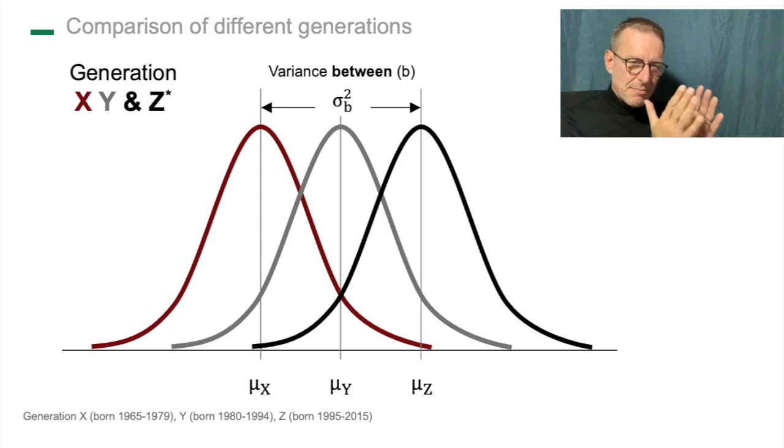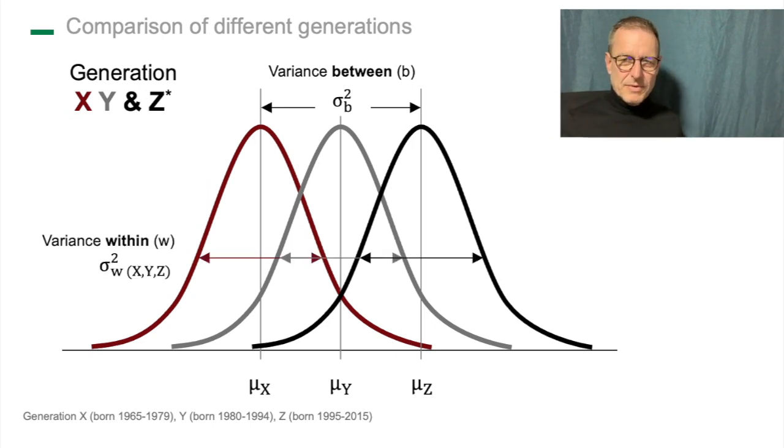When you just look at the mean, then yes, there is a difference. But there is also a variance within the group. When you look at all people who belong to Generation X or to Generation Y or to Z, you will find that within those generations, people really differ.